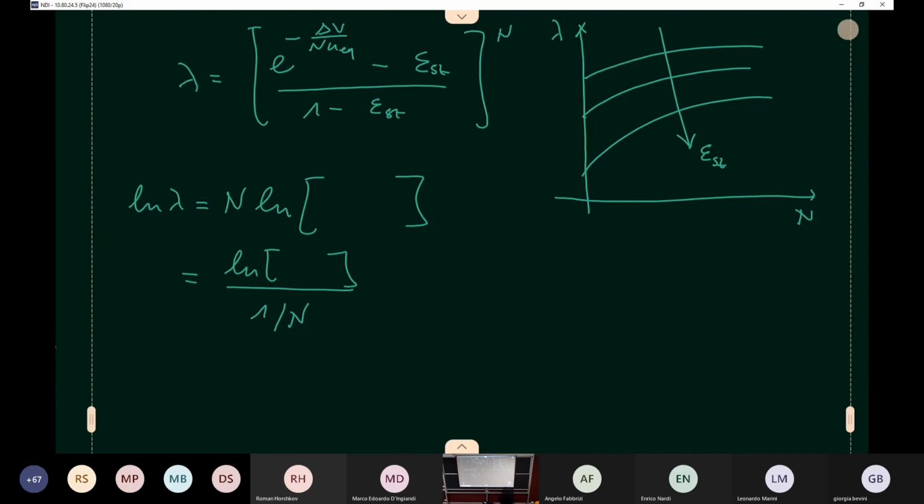So in this case, we have 0 over 0, which is an indeterminate form, and so we can take derivatives of numerator and denominator and get the final solution, and this would be minus 1 over n squared, and here I have 1 minus epsilon, and then here I have delta V u e q, and it will be 1 over n squared, and of course by the same e to the minus delta V over u e q.